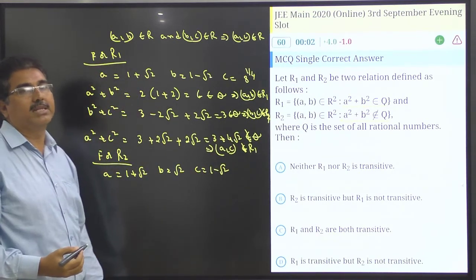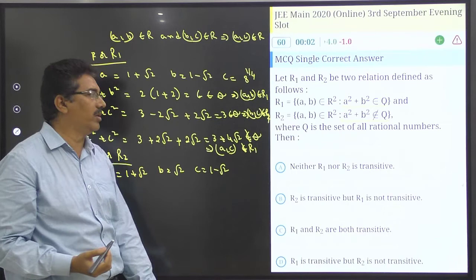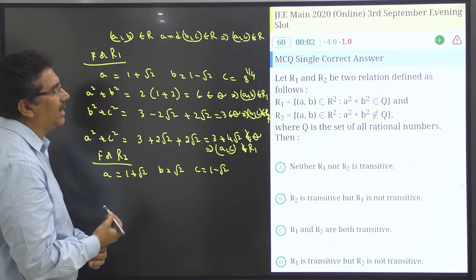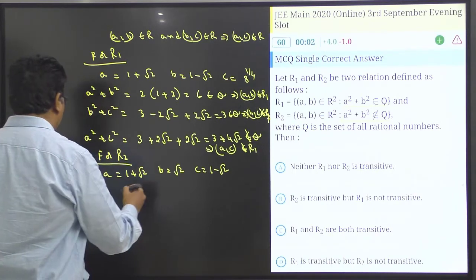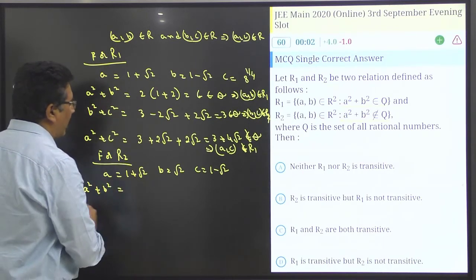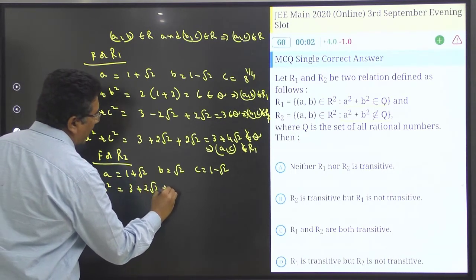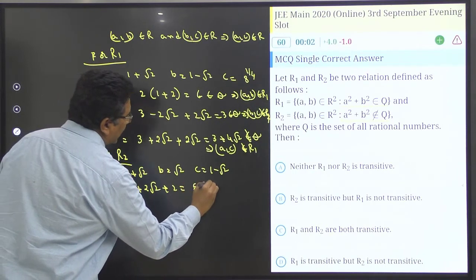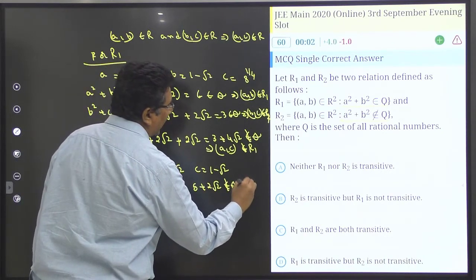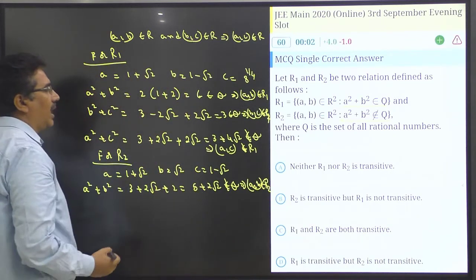Here, what is R2? a square plus b square does not belong to Q. Now a square plus b square: a square is 3 plus 2 root 2, b square is 2, so 5 plus 2 root 2 does not belong to Q. That implies (a, b) belongs to R2.